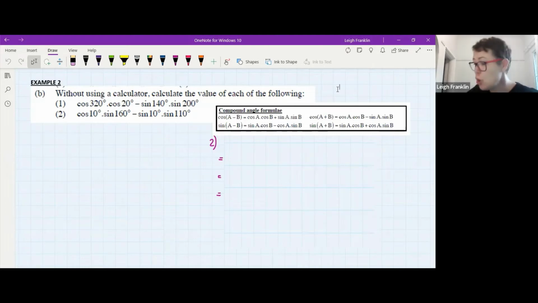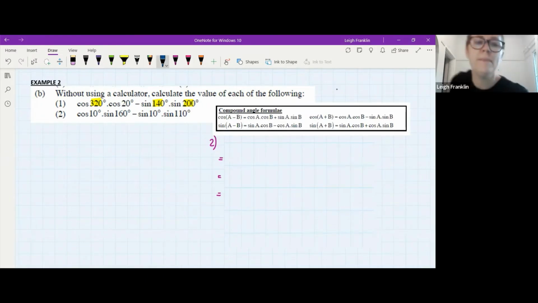Before we get started, what we notice, and I chose this on purpose, is that these angles here, this one and that one, none of those are acute. So rule number one: always reduce using your grade 11 reduction formulae. This is why they're so important. And you have to write what you get as a result of reducing.